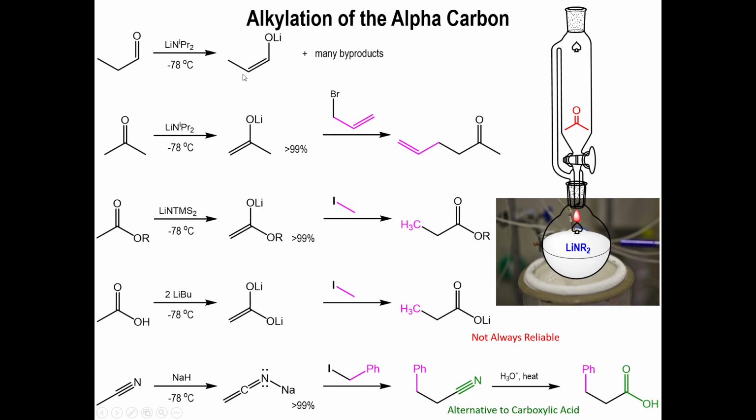So reactive, in fact, that even under these conditions of really cool temperatures and as low a concentration as possible of the carbonyl present at any point in time, they're still reacting with each other, and you end up getting a bunch of byproducts formed here. So this is not a viable way of doing alkylations of the alpha carbon with aldehydes.